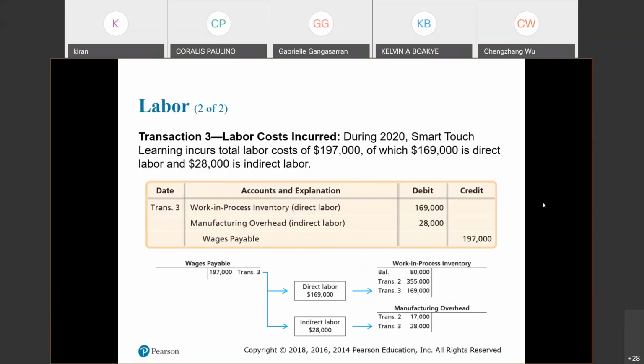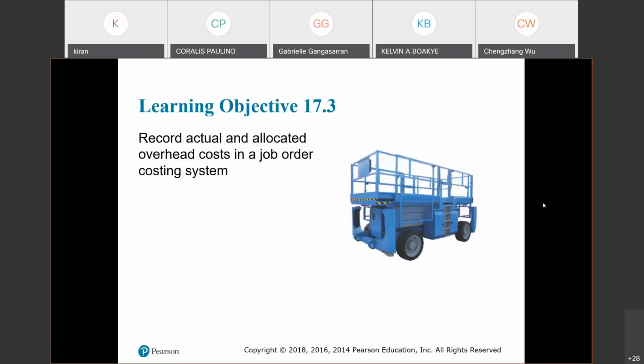So this is how we deal with labor and materials incurred in a specific job. And I believe this part is pretty much straightforward. Well, as I said, there are three parts of cost in the production process.